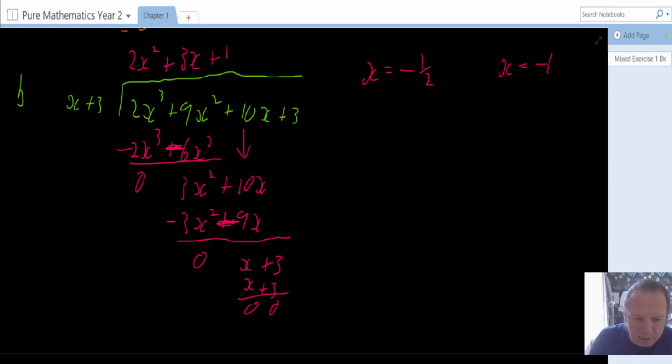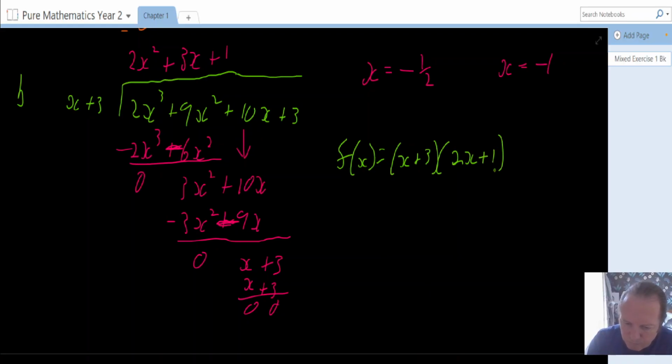So from that information I can glean that f of x is equal to x plus 3 times 2x plus 1 times x plus 1. If we multiply that all out, we should get f of x.